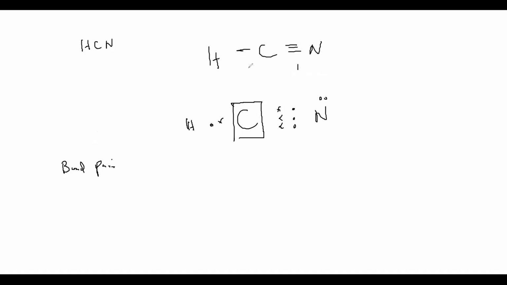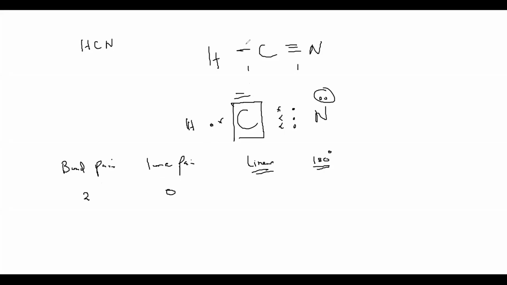And this single bond is already one bond. So how many pairs are involved in the bonding? 2 bond pairs. How many lone pairs? A lone pair means free electrons on the central atom. There are free electrons on nitrogen, but we always predict the geometry with the central atom. Carbon is the central atom, so there is no lone pair. With no lone pair and all bond pairs, the geometry will be a linear structure with a bond angle of 180.